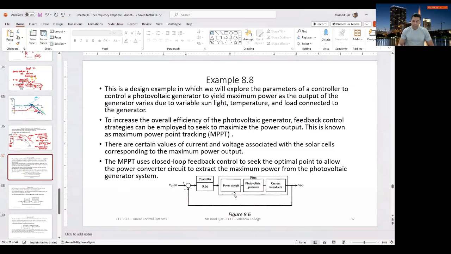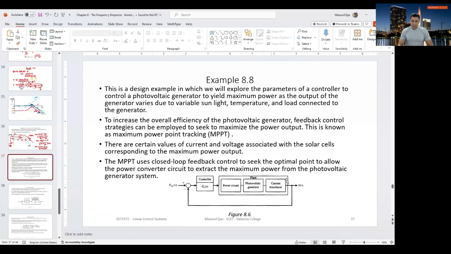You have a controller, and then you have the process, which is basically your photovoltaic generator plant. And the photovoltaic generator plant, or the process, is comprised of 3 different items. You have the power control circuit. You have the actual cell, photovoltaic generator, that is producing your energy in the presence of sunlight.